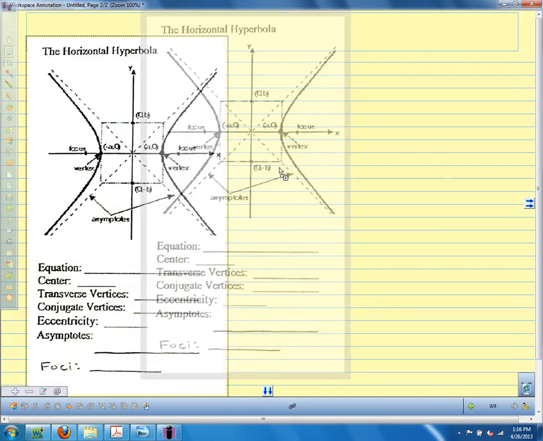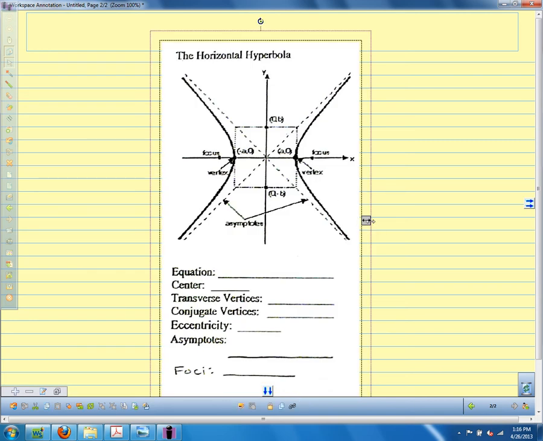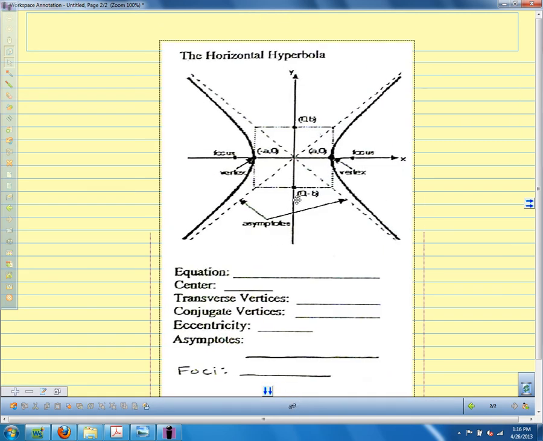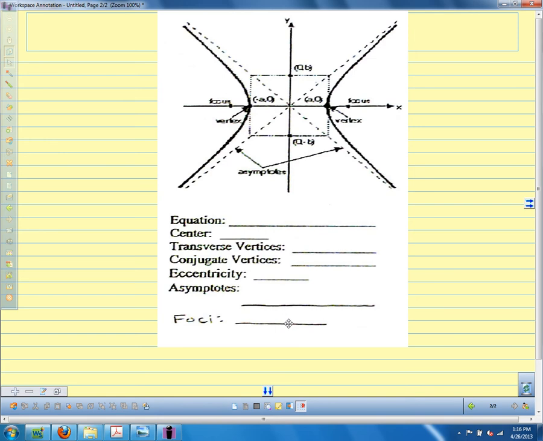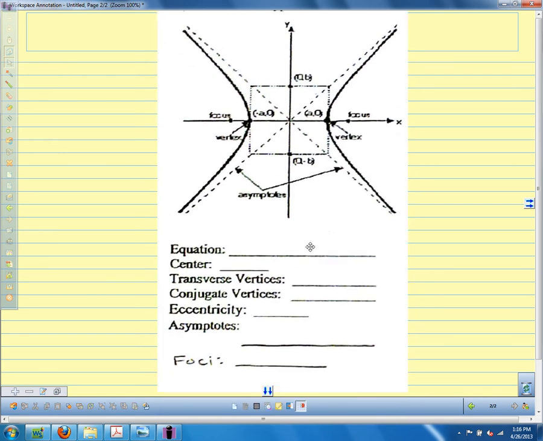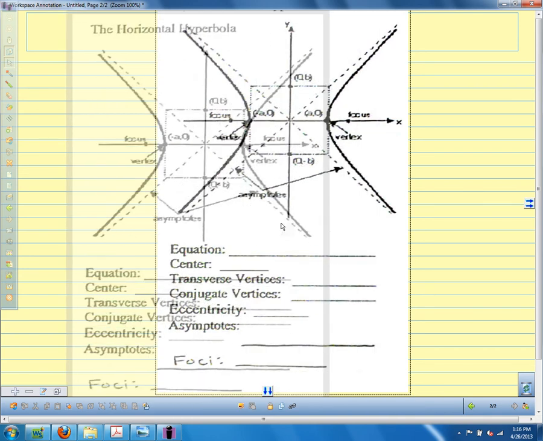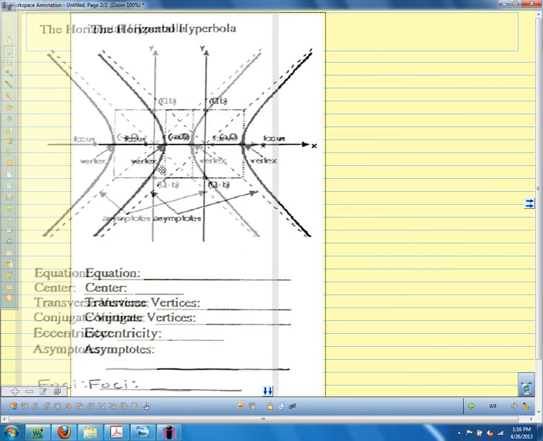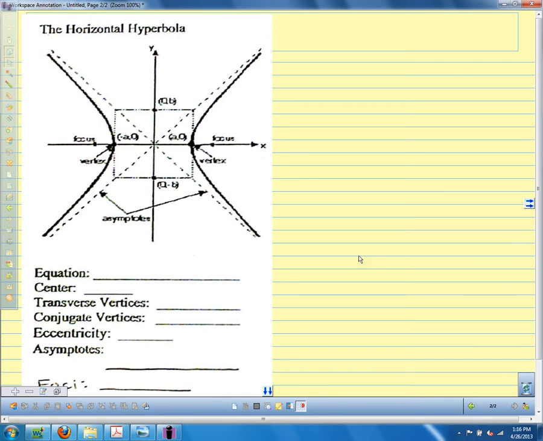So this is what you have on the left side of your sheet there. Our horizontal hyperbola. So a couple of important things on our hyperbola, like with our other shapes.